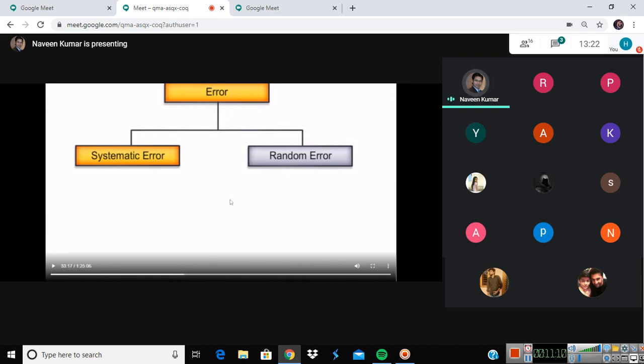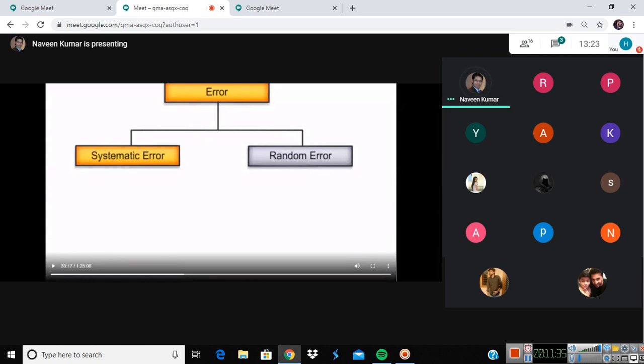On your screen you can see systematic errors. They are one directional errors. One directional error means they are either positive or negative. Random errors, as their name says, are random. They can be positive and negative at the same time.